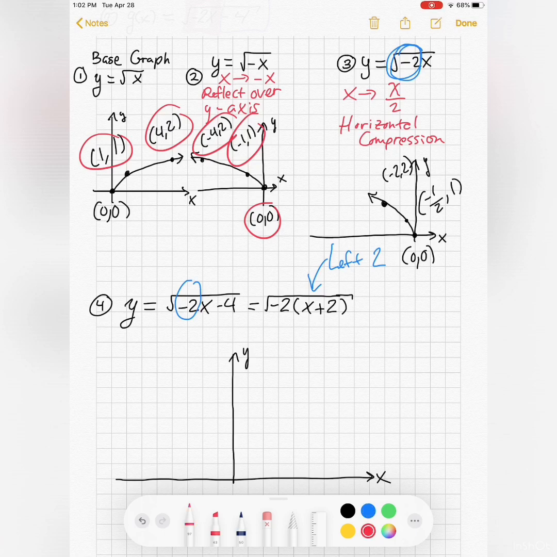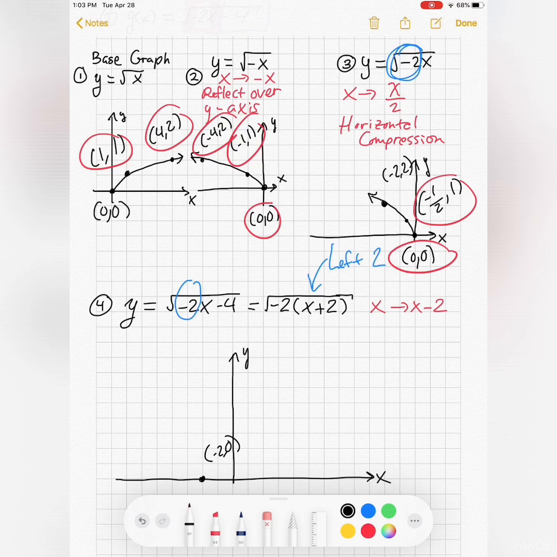Okay, so what I do in this step, I take all the x's, I'm shifting them left 2. Okay, so I'm subtracting 2 from each of the x's. So 0, 0. Now is -2, 0. -1/2, 1. Subtract 2.